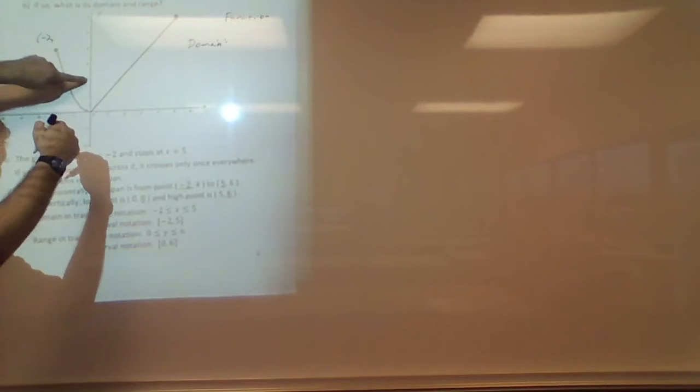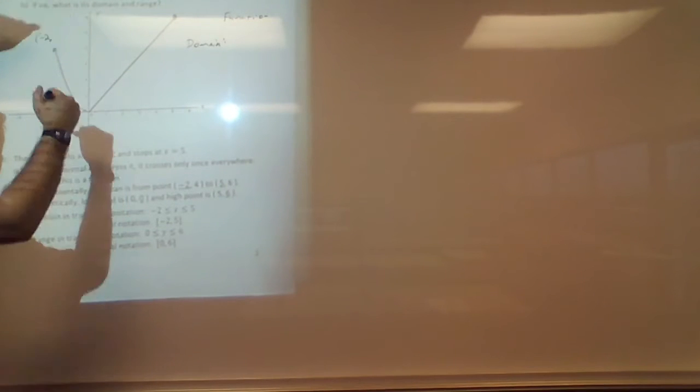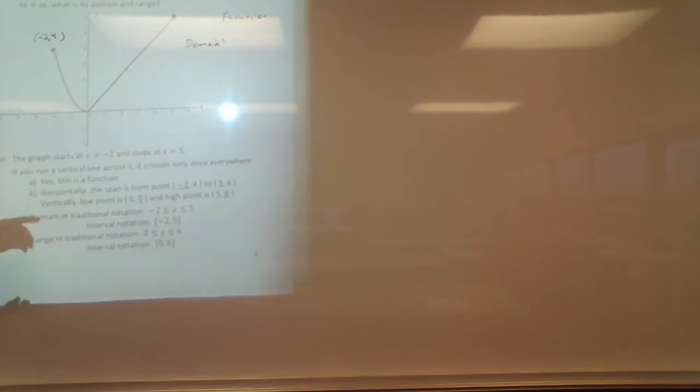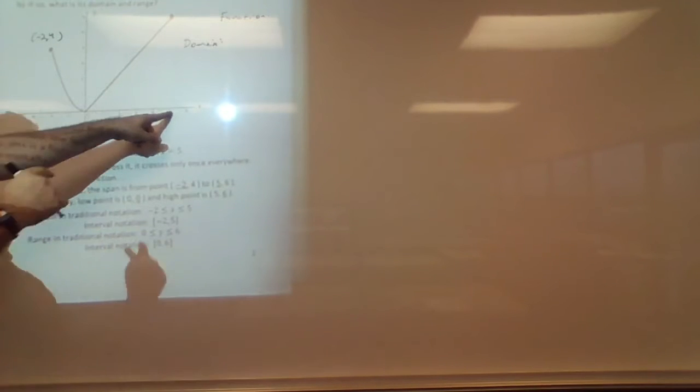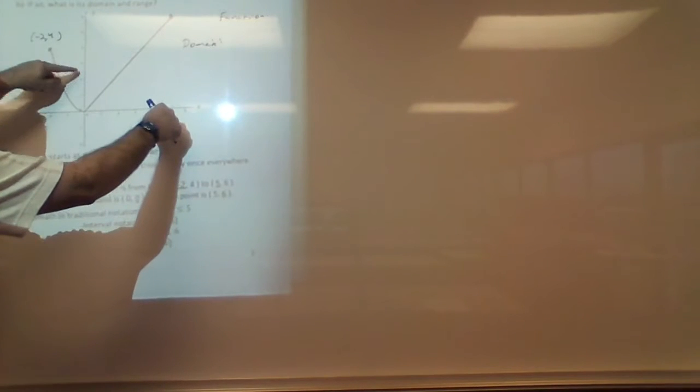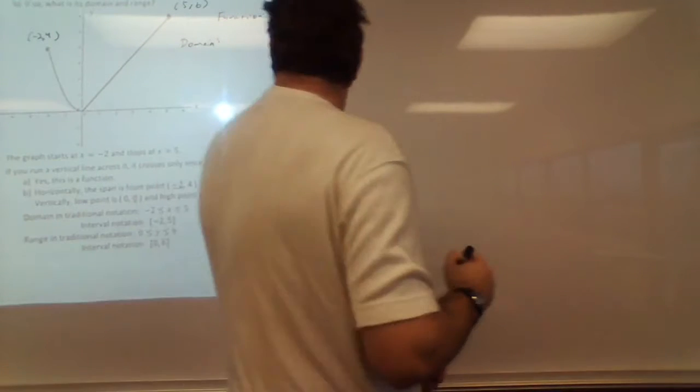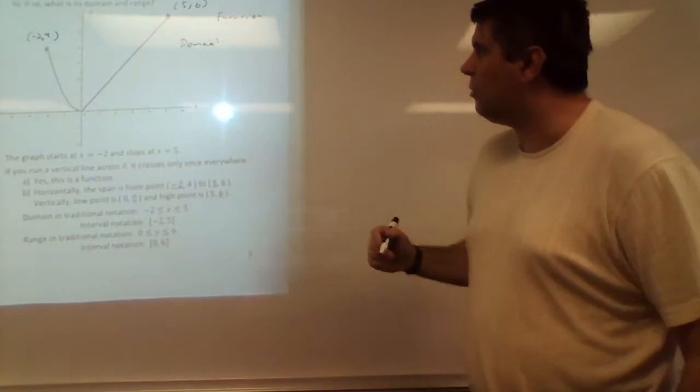So this point is -2, 1, 2, 3, 4. -2, 4. And this is 2, 3, 4, 5. This is 5, 6. Okay? So the domain goes from x equals -2 to x equals 5.